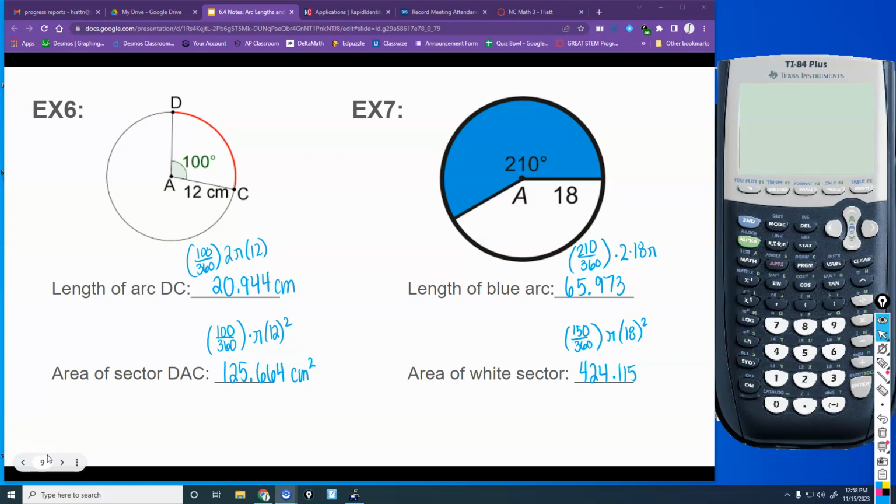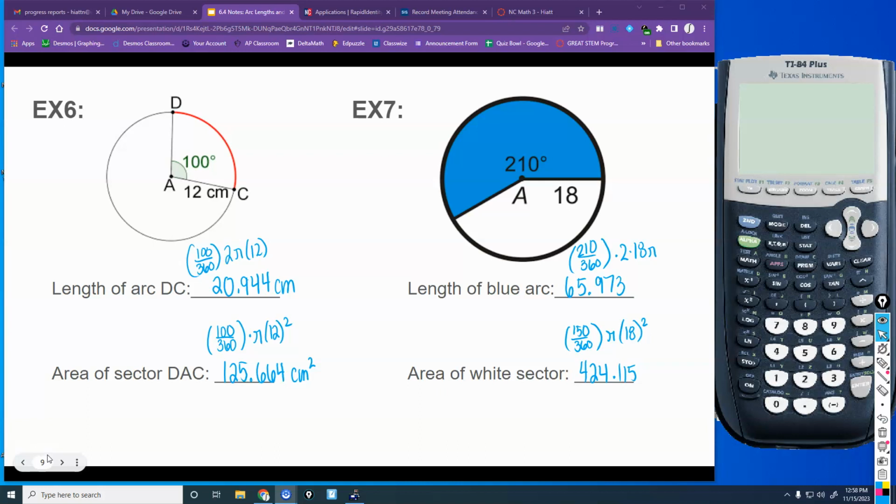Okay. I did see some different answers for that last one, that 424.115. Some of you have numbers that are bigger than that. What's the trick on that one? Yep, Miles. Yes, you have to subtract 210 from 360 because it's asking for the white sector, not the blue one.